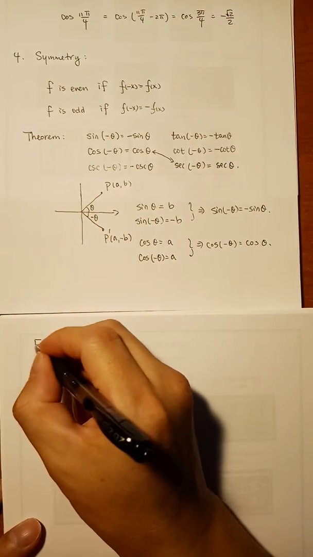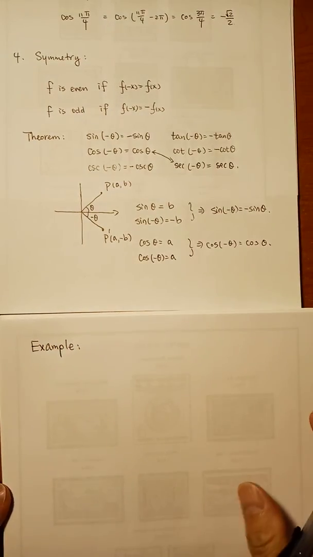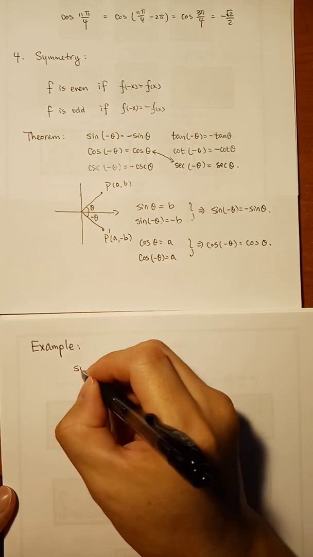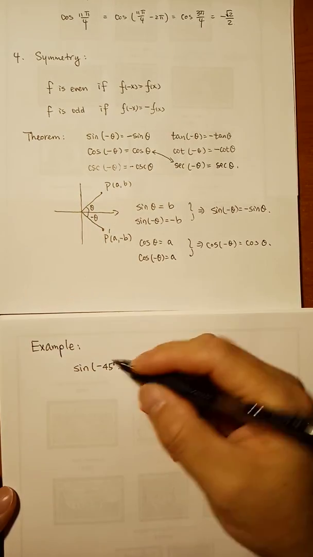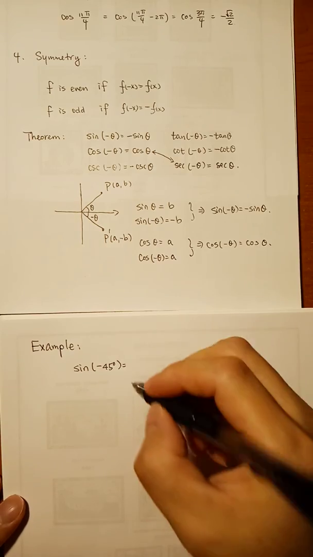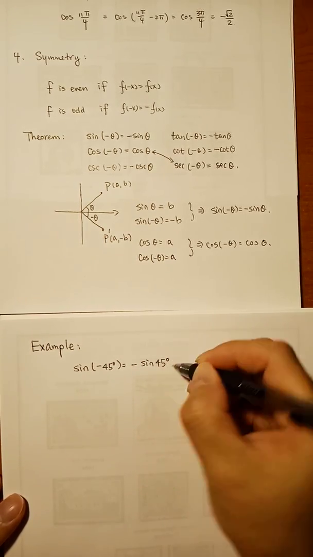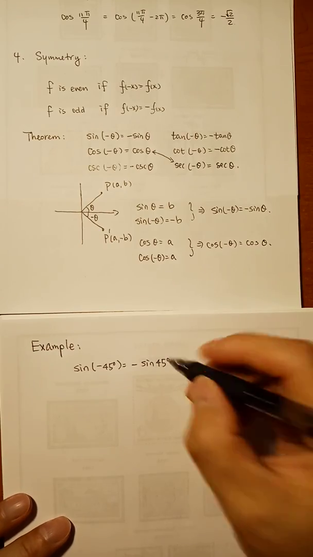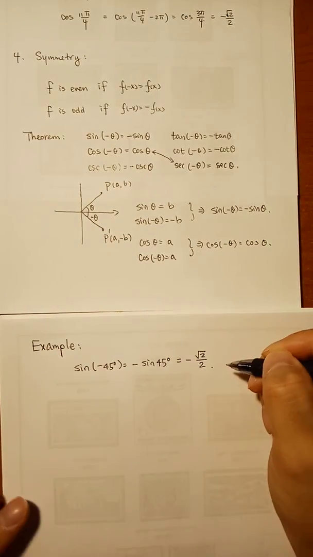Okay? Now let's see the example. First, sine of negative 45. Sine is an odd function, so you get negative sine 45. Sine 45 is square root of 2 over 2, so you get negative square root of 2 over 2.